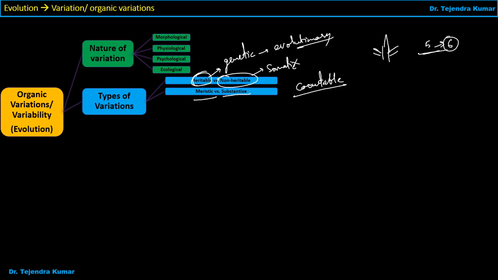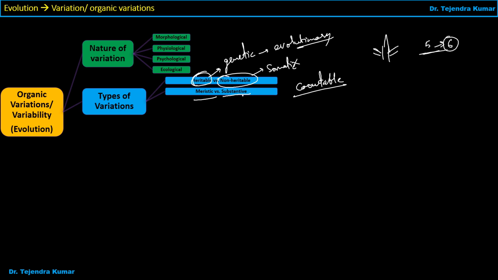So these types of variations are countable. Sometimes insects have extra bristles on their proboscis. These kinds of characters also come under meristic variation.